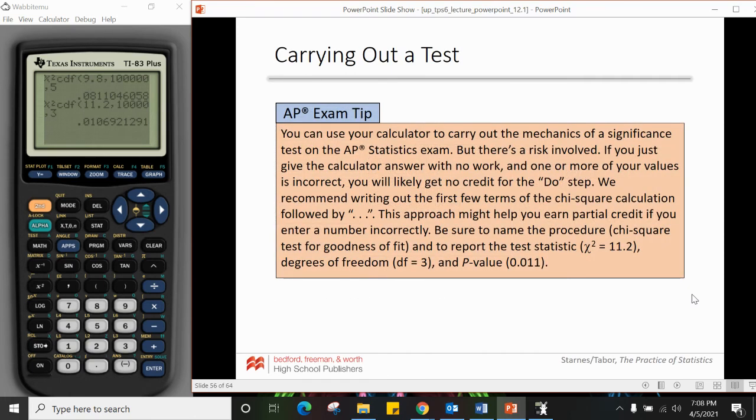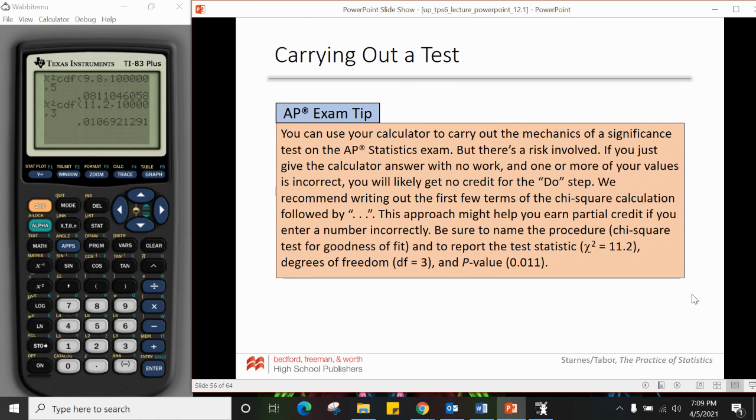Another AP exam tip: you can use your calculator to carry out the mechanics of a significance test, like always, but there's a risk involved. If you just give the calculator answer with no work and one or more of your values is incorrect, you will likely get no credit for the do step. So we recommend writing out the first few terms of the calculation followed by dot dot dot. This approach might help you earn partial credit if you enter a number incorrectly.